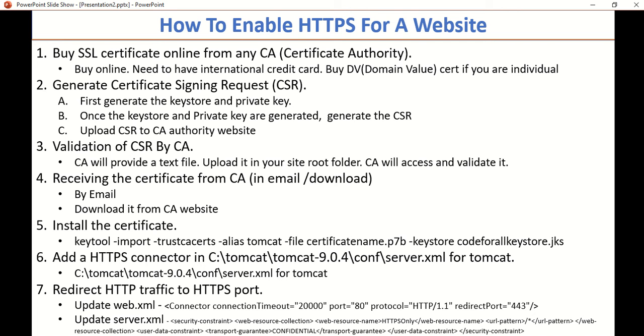Normally on the CA website, there are details on how to generate the CSR, and you should follow those steps. It will be 2 to 3 steps. And we need to generate the CSR on the server where your website will be hosted, the physical box where your website will be hosted.